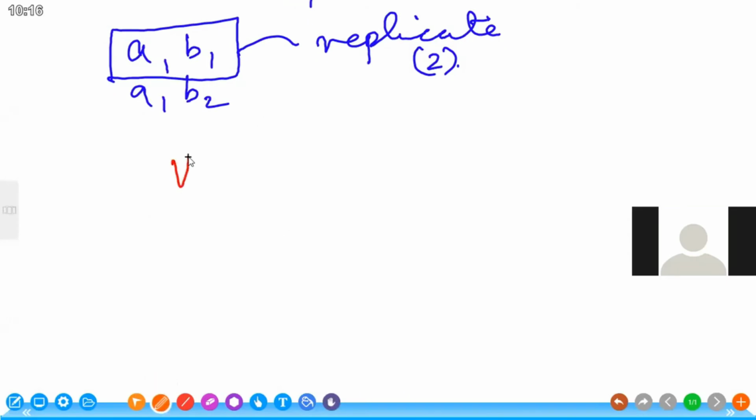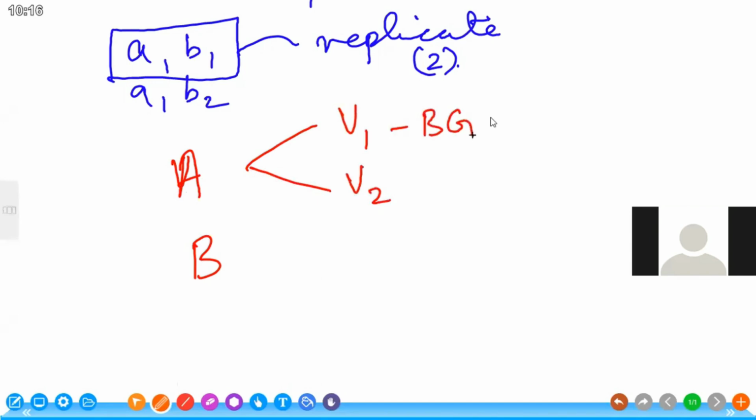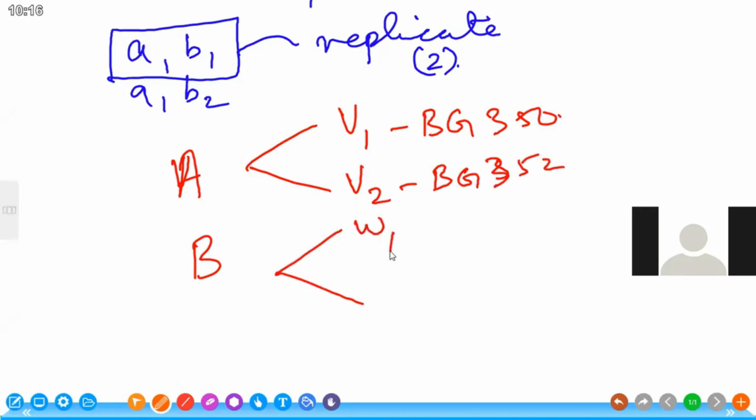Let's say factor A, factor B. I have variety, PG 350, right? And PG 352, 2 varieties. And broadleaf weed killers, weedicide.